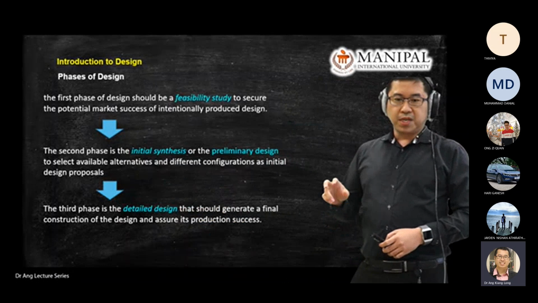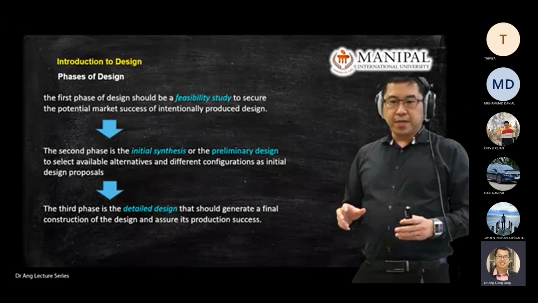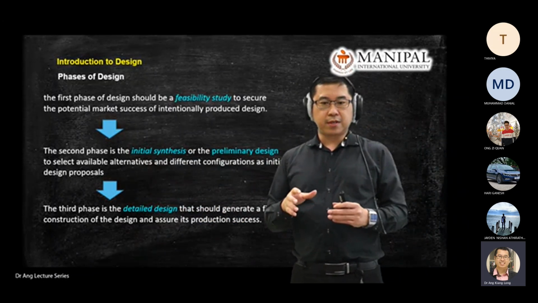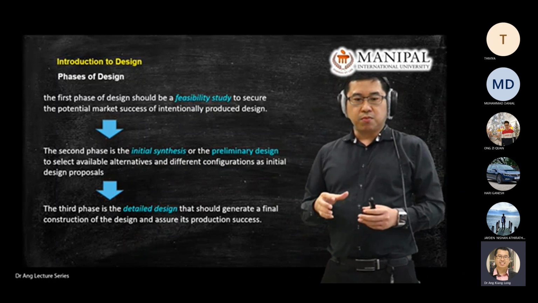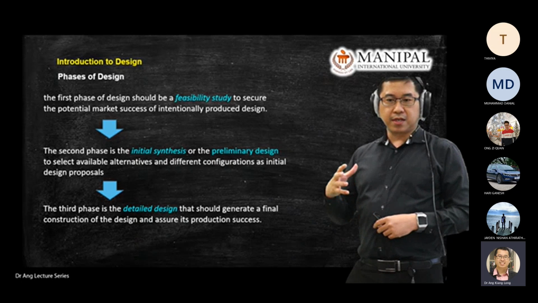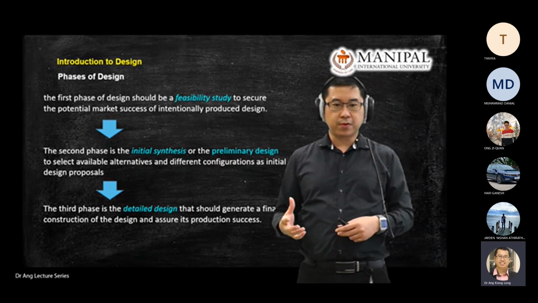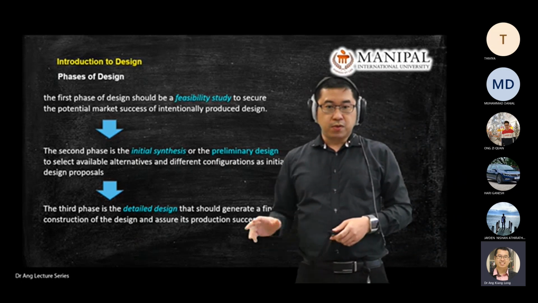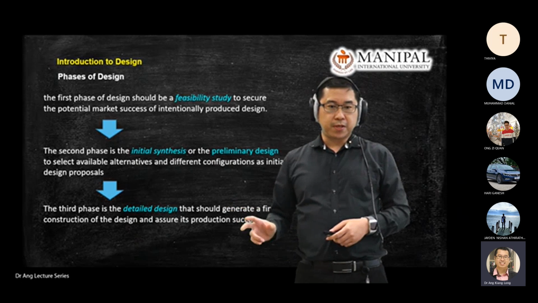Meaning you start to look at the dimensions, the material, the fitting, to make sure that what you have designed can actually be built and is doable. That is what's going to happen this semester.